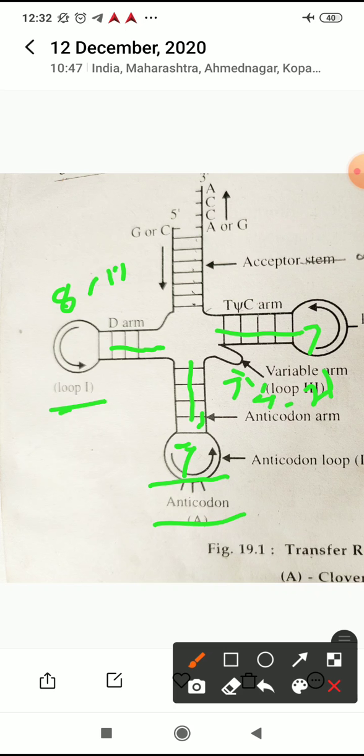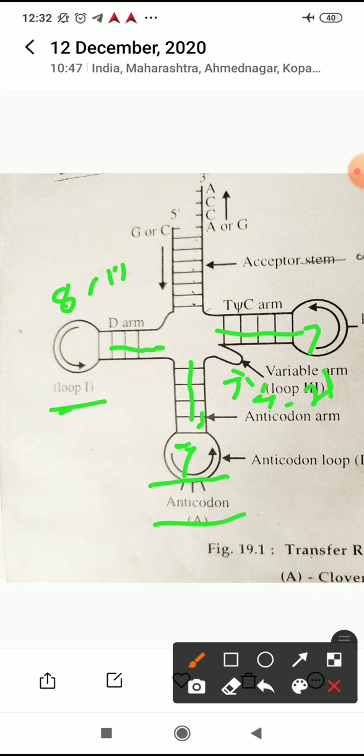For that, 20 different types of tRNAs are present in the cytoplasm, and they carry the 20 different amino acids. So one amino acid has one particular type of tRNA to carry it, having particular anticodons.